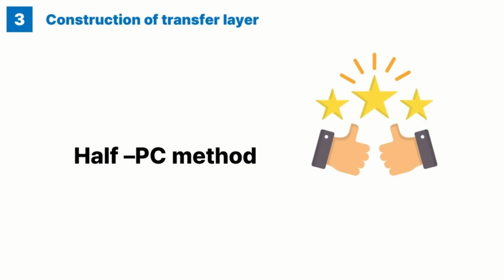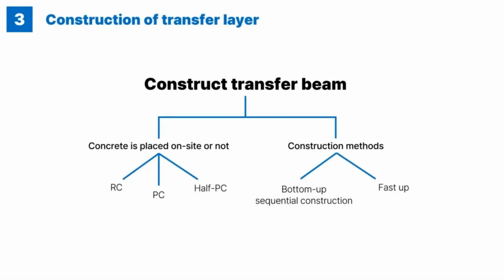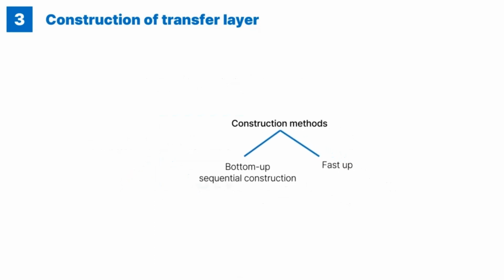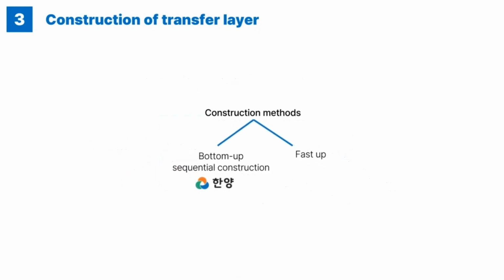The half PC method has been identified as the optimal solution for addressing the shortcomings of both on-site concrete casting methods and full PC methods. Now let's look into improvement measures that can be applied based on construction methods used in Hanyang's construction: the commonly known bottom-up sequential construction method, and the PESTON method.